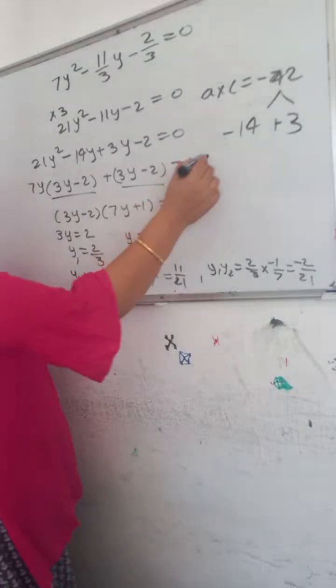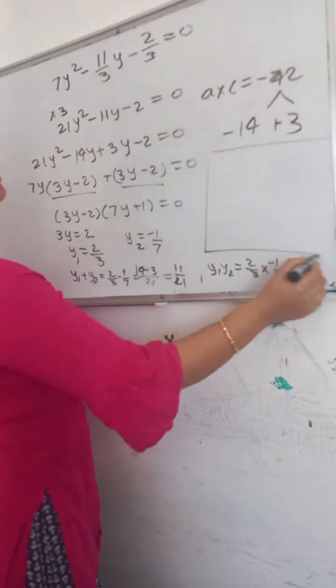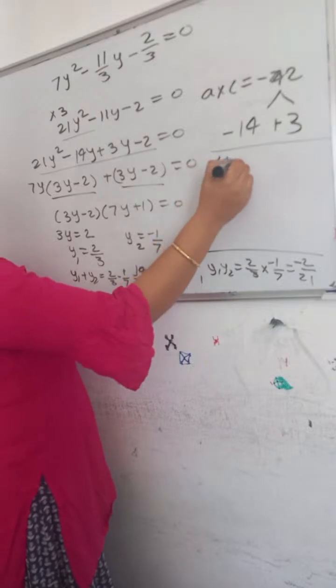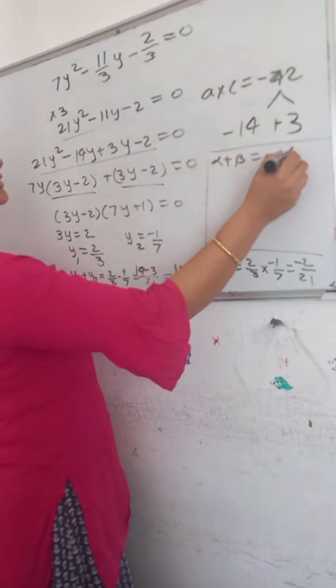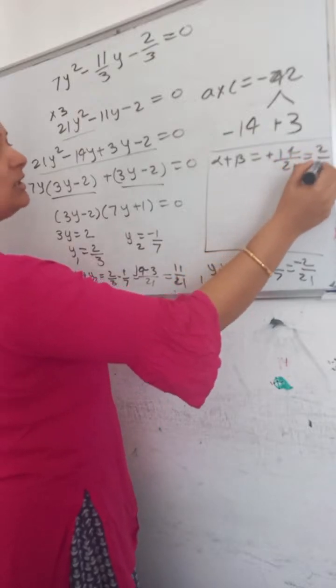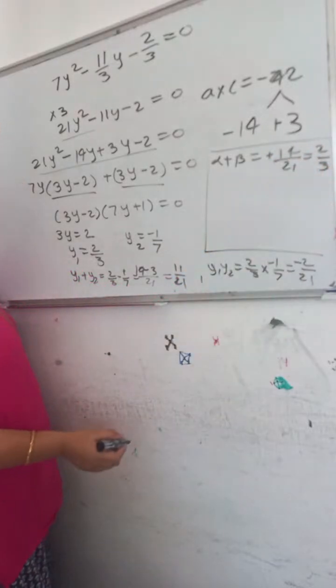So verify means, from this equation you can find alpha plus beta is minus of minus 14 by 21, 2 by 3.